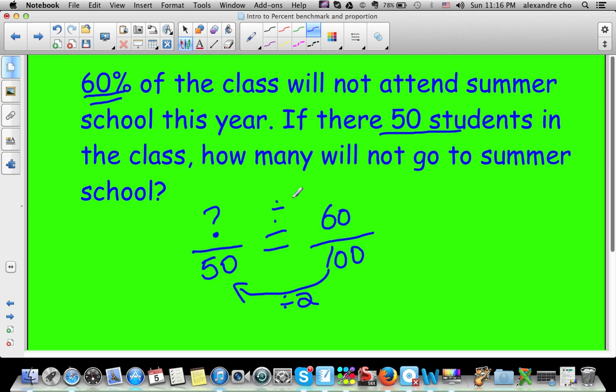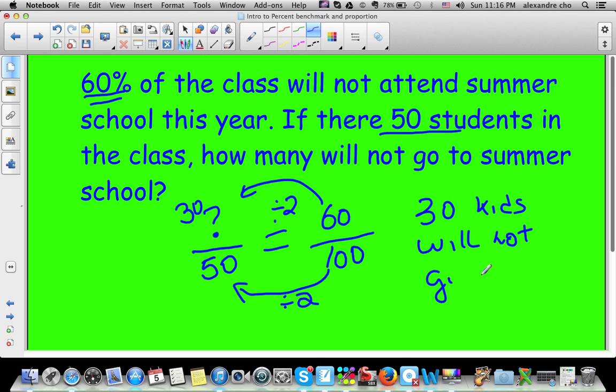And we're going to do the same thing on top, 60 divided by 2, giving us a nice number, 30. So this means that 30 kids will not go to summer school.